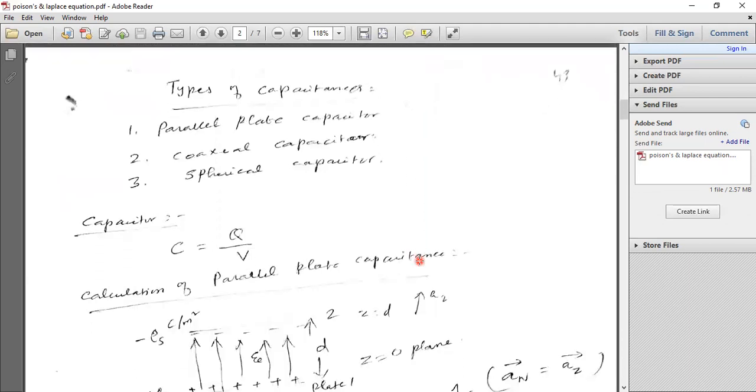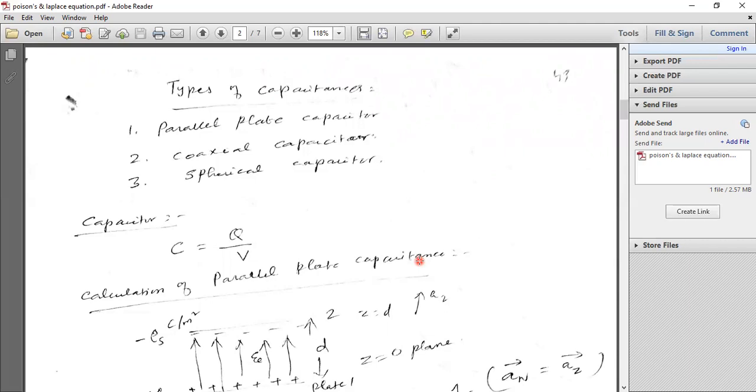Now we are going to see three types of capacitances: how to find the capacitance using the normal method and how it differs from the Laplace equation method.